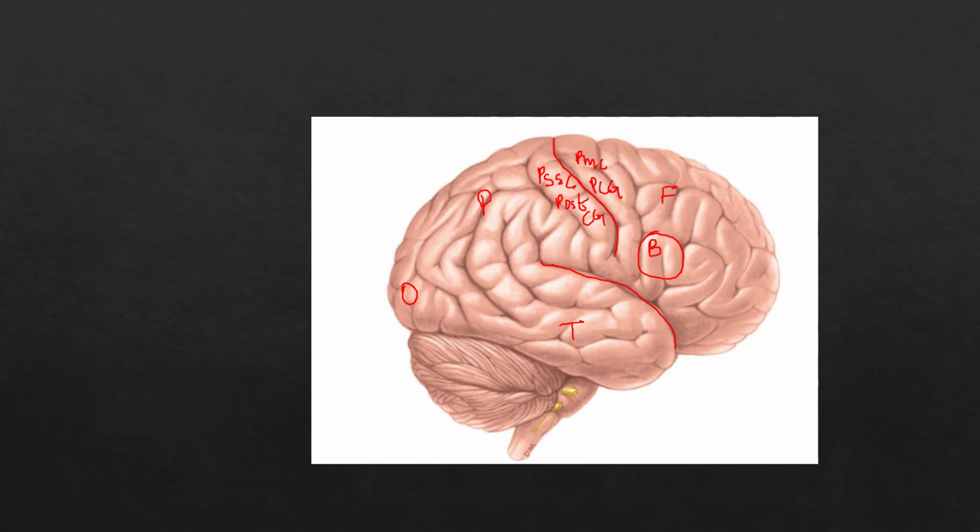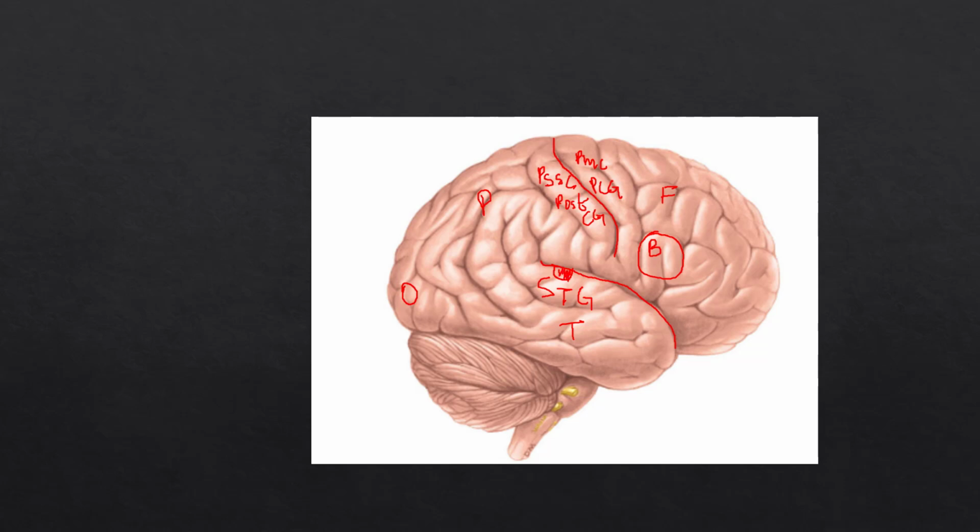On the temporal lobe here, we have the superior temporal gyrus. And just on the medial aspect of the superior temporal gyrus, we would have the primary auditory cortex. A bit of the primary auditory cortex you would be able to see in this region here approximately.